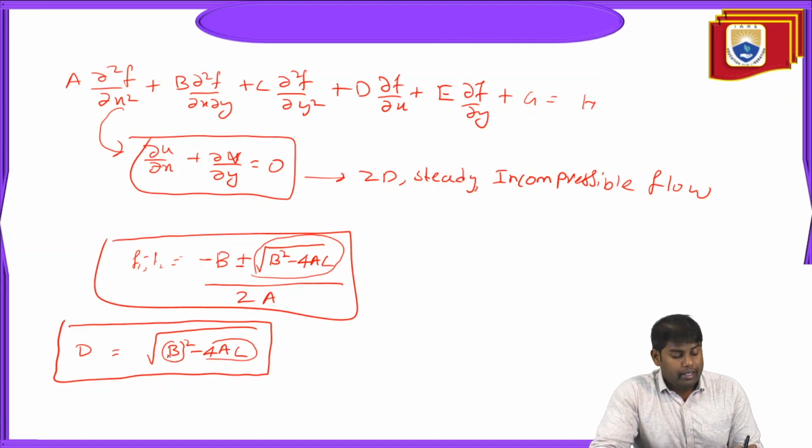And if b square is greater than 4ac, it will give a real and unequal root. When it is equal to 0, it will give you one root actually. So we'll see the cases.